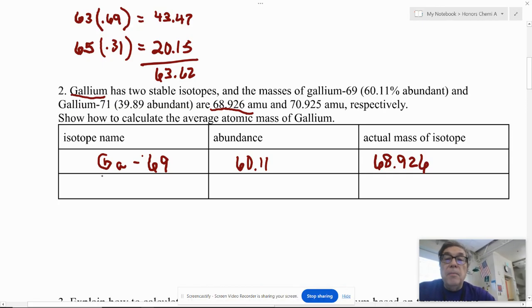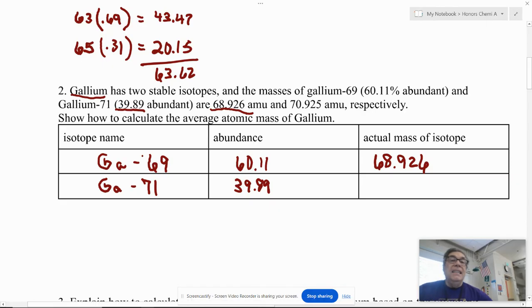The next isotope of gallium we would call gallium 71. And its relative abundance is just under 40%, 39.89.